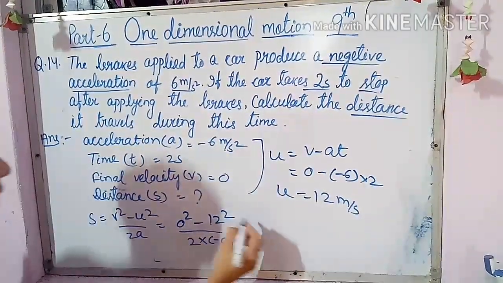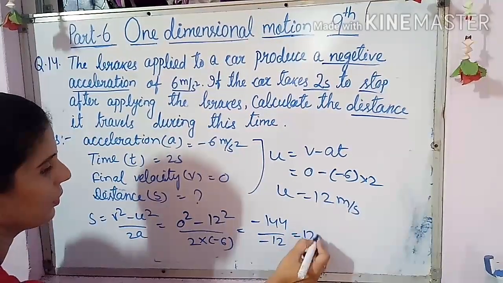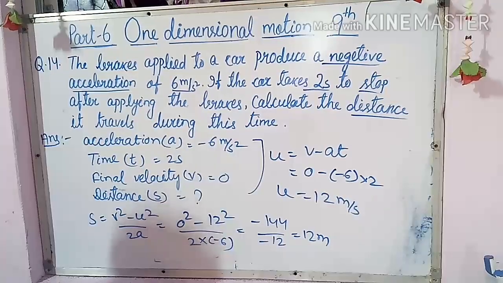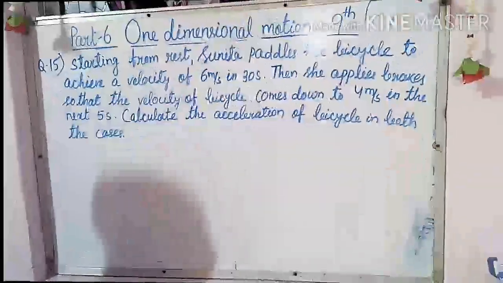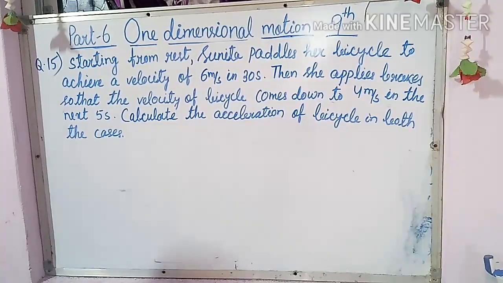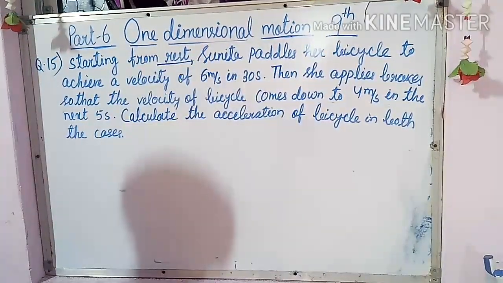So you will get minus 144 by minus 12. Answer is 12 meter. So this is your final answer. Now go to the next question. Now see children, the next question. Starting from rest means initial velocity 0.